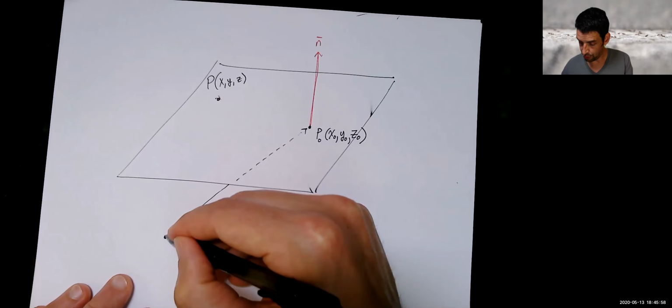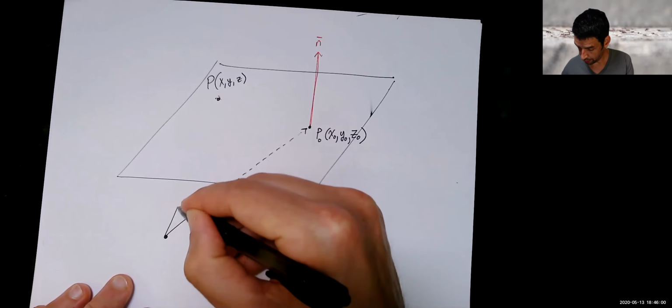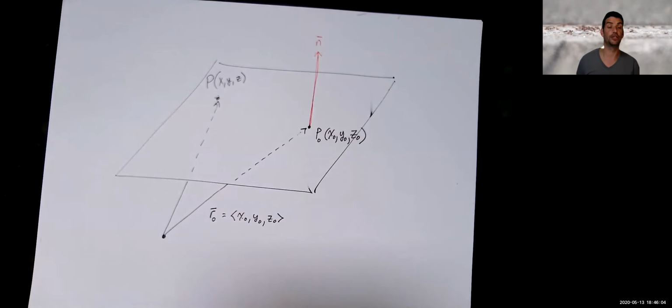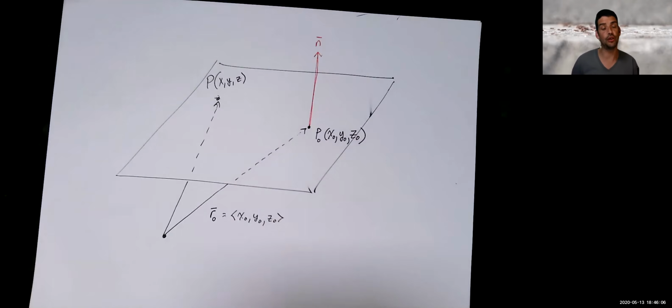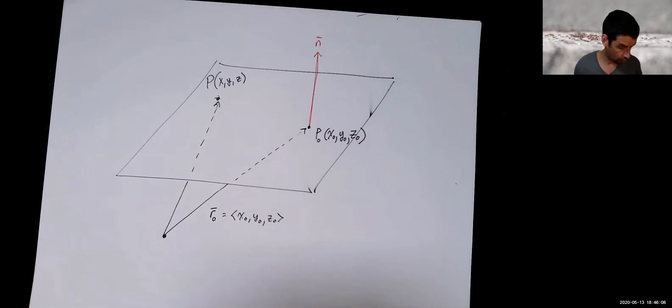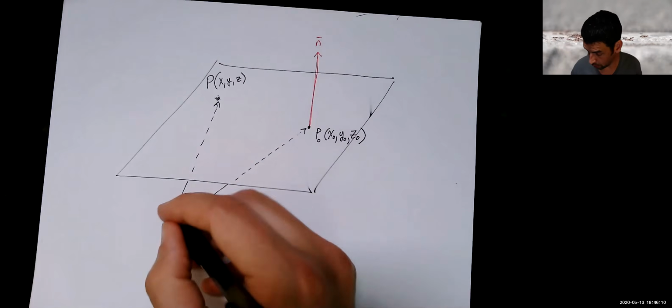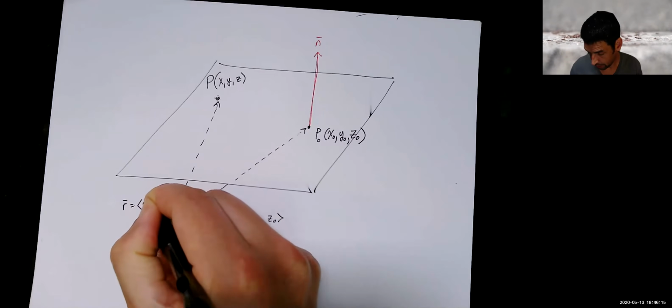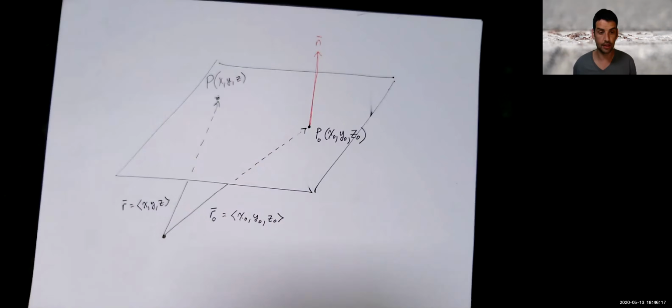And then we have a vector from the origin pointing at any arbitrary point, right? So remember, this represents any point in this plane. And I'll call this vector R equal to x, y, z.